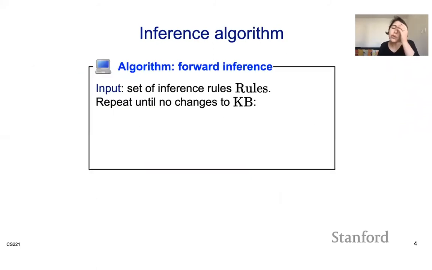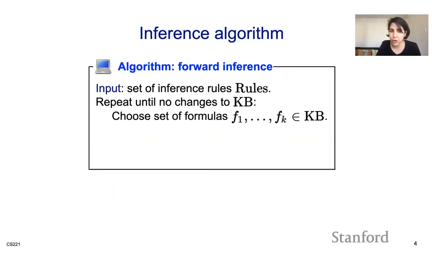Okay, so if I want to think about what an inference algorithm does, kind of like a meta algorithm, it does something of this form. We have an input, and that input is going to be a set of inference rules. We've talked about modus ponens as an example, but in general, I would have other inference rules. And what I'd like to do is repeat this loop until there are no more changes applied to my knowledge base.